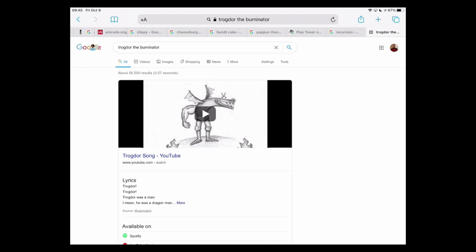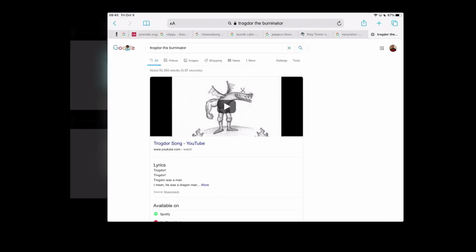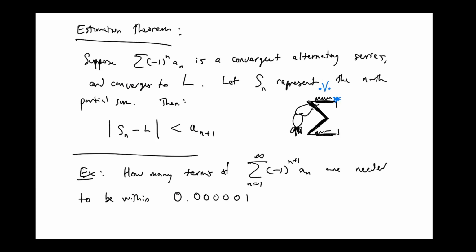Homestar Runner. It was back in the day before YouTube, people made flash animations, and there was this one guy who made a comic type thing called Homestar Runner, and Trogdor the Burninator was one of his characters. So, yeah, go watch that video. It's hilarious. All right, anyway.